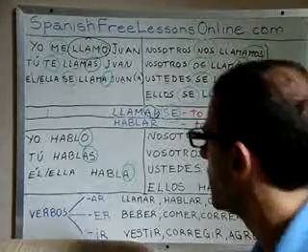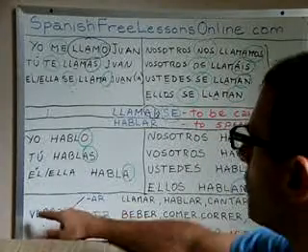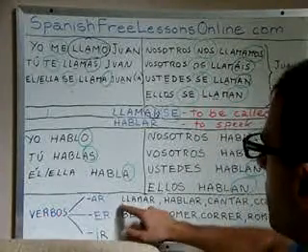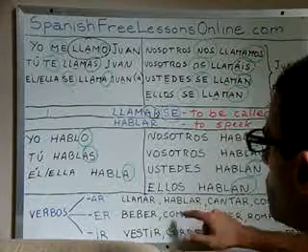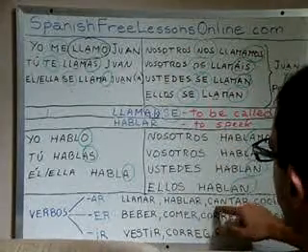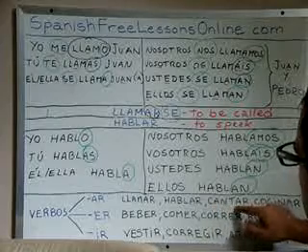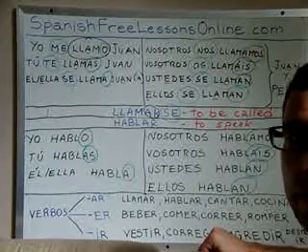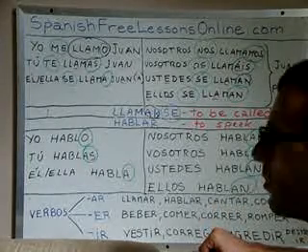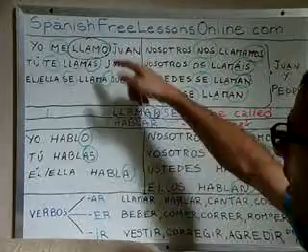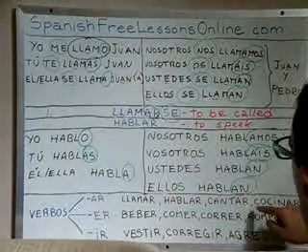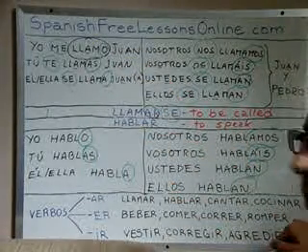Okay? Here we have some more examples for verbs ending in ar. Well, llamar and hablar, which we have seen. Cantar is to sing. The rule for conjugating is the same we've seen here. Cocinar.